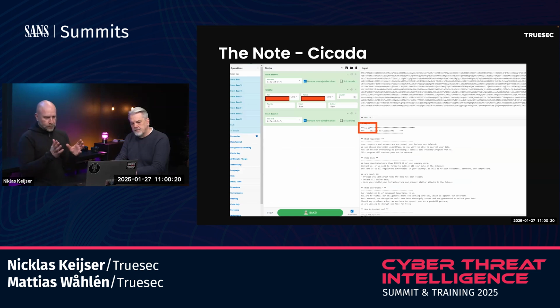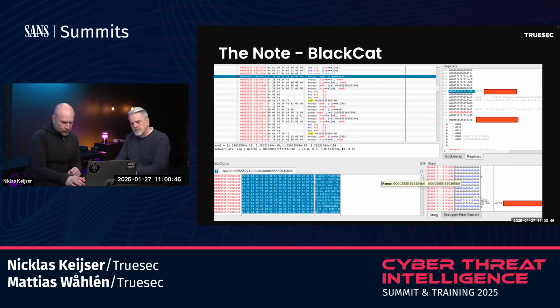In the Cicada one, it decrypts the ransomware note and also some parts of the configuration. This is done through SHA-20. So it's a symmetric encryption key, and it also encrypts a message that says okay, and you need that signal for the ransomware binary not to terminate.